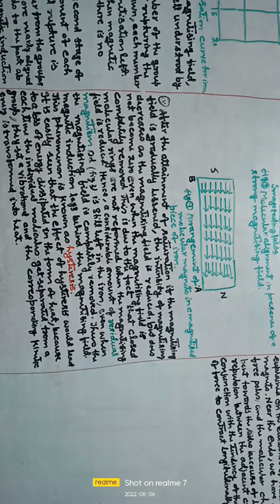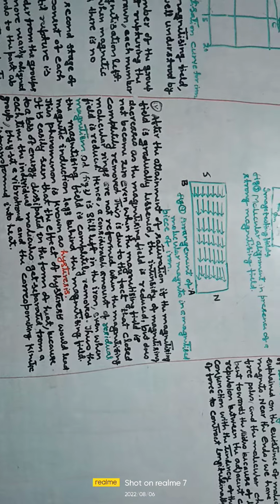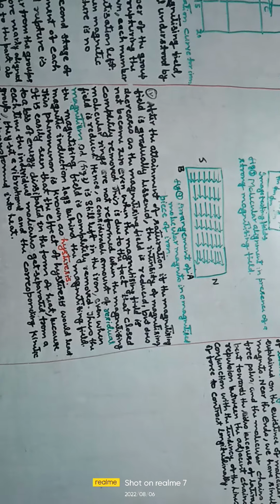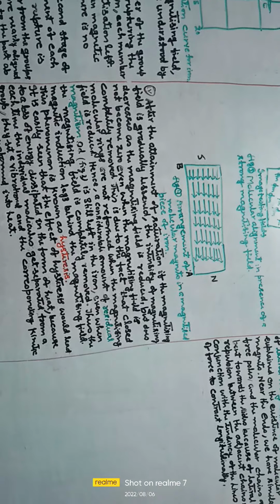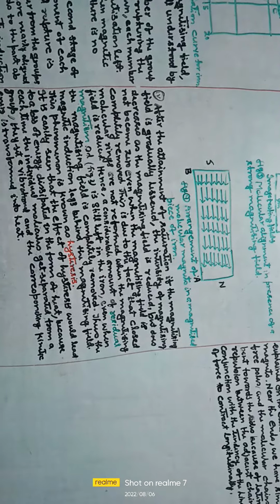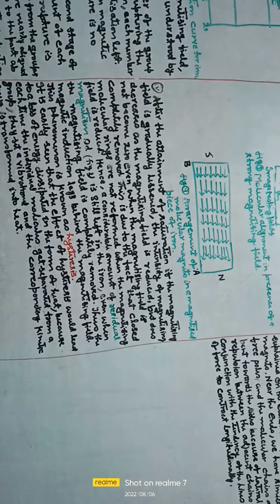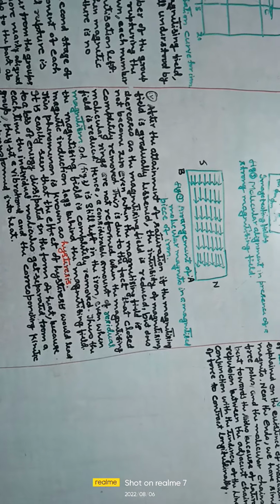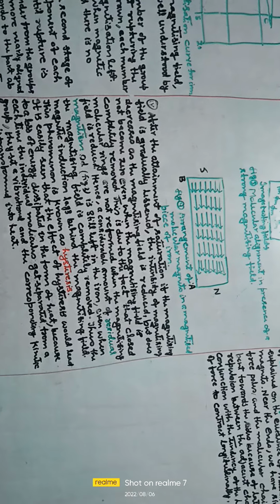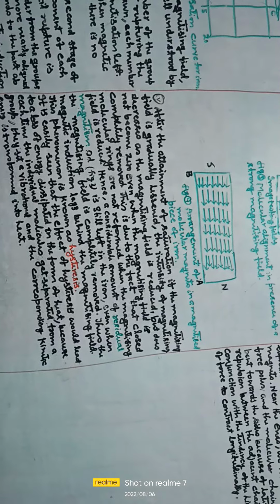This is due to the fact that closed molecular rings are not formed when the magnetizing field is reduced. Hence, a considerable amount of residual magnetism, OD, as in figure 2, is still left in the iron even when the magnetizing field is completely removed. Thus, the magnetic induction lags behind the magnetizing field.